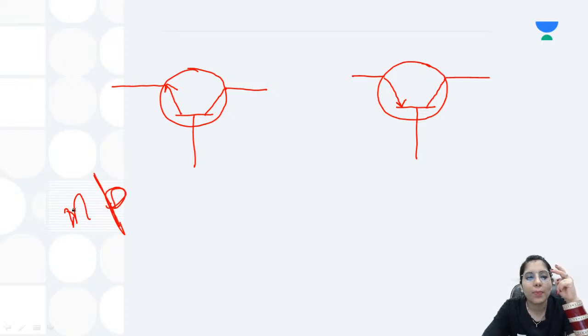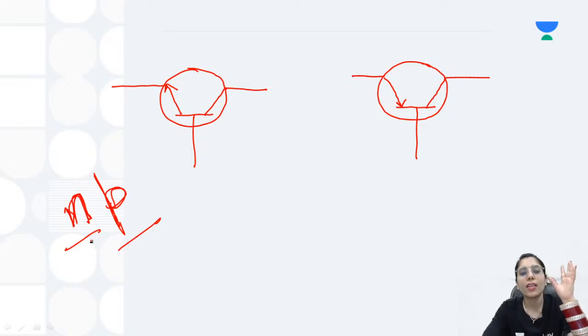In an NPN transistor, you know, N type and P type, but here I am going to consider them as negativity and positivity. Instead of N and P type semiconductor, let's take them as negativity and positivity. So negativity we try to throw away, or we want to keep it away from ourselves.